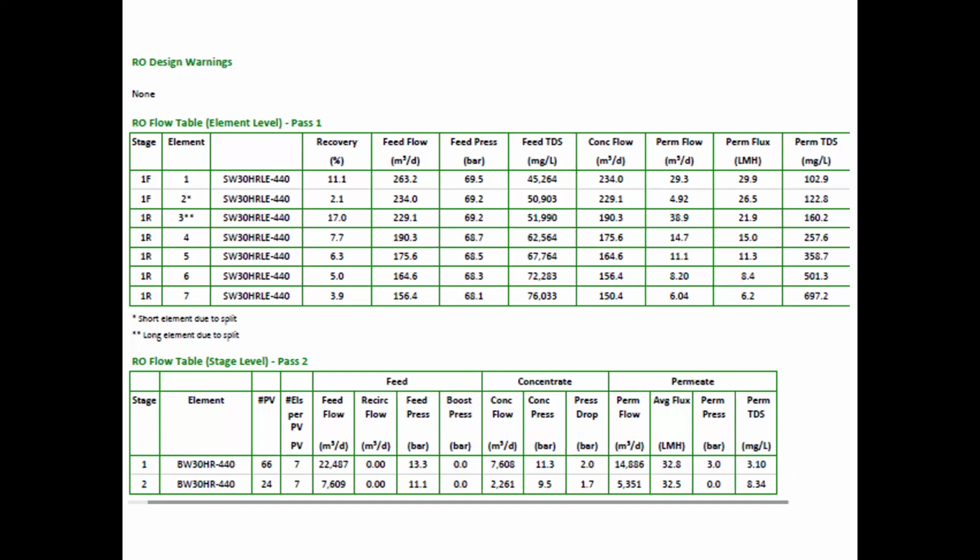So you can change the module number, the flow rate number, or the recovery number. Sometimes you can use back pressure, because your permeate pressure is too high. In this case, permeate back pressure gives a little bit of a solution to this design warning. So it's up to you. You can change a little bit to balance the flow rate numbers.